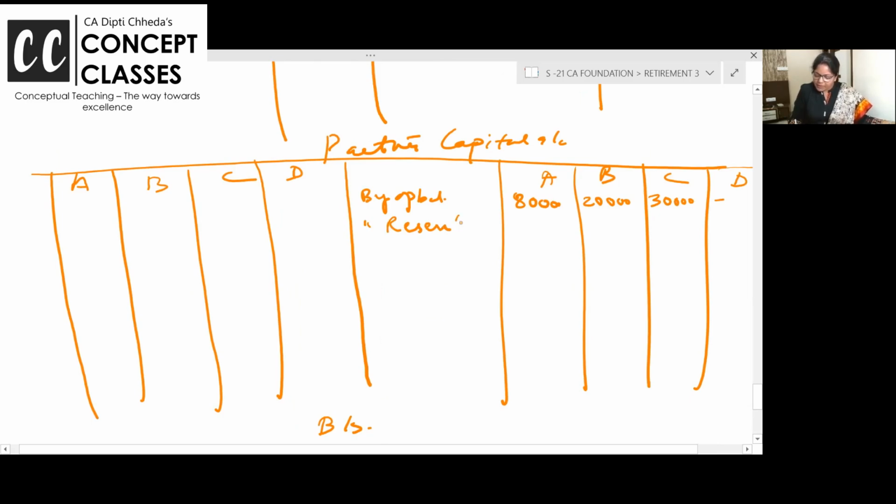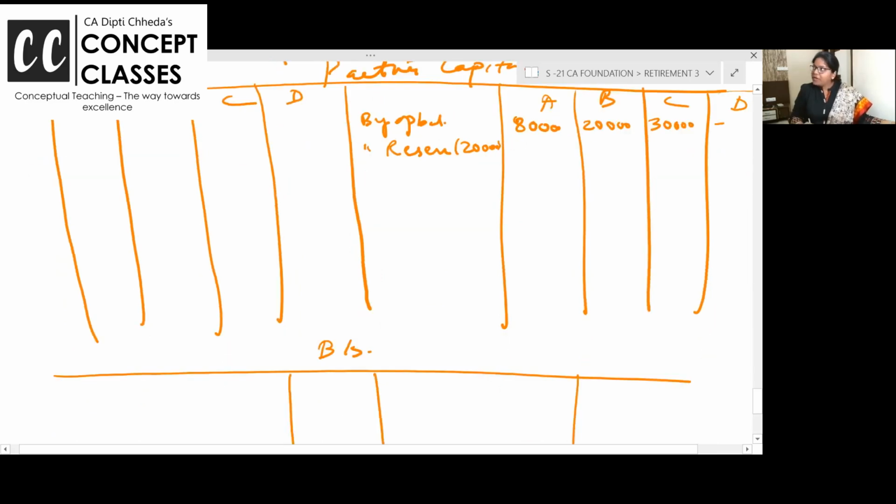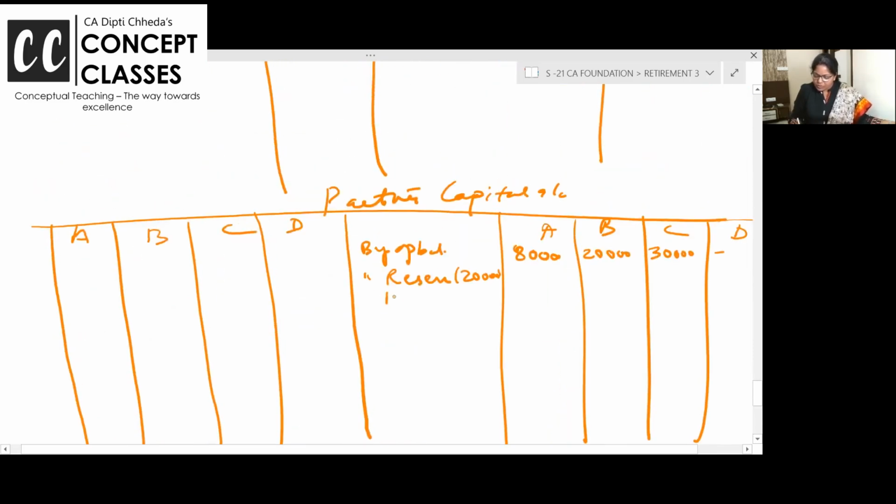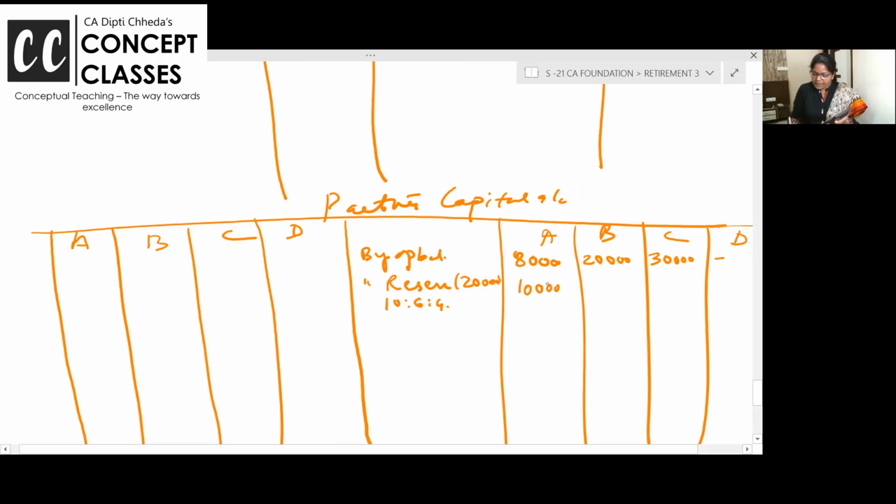Give it to the old partners in the old ratio, 10 is to 6 is to 4. 20,000 into 10 by 20, 10,000. 20,000 into 6 by 20, 6,000. 20,000 into 4 by 20, 4,000. Give the reserves to old partners in the old ratio.